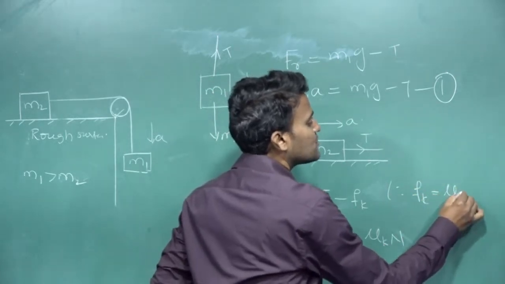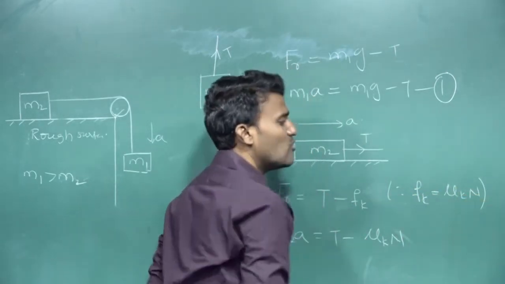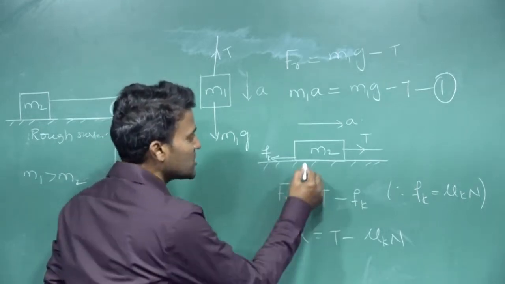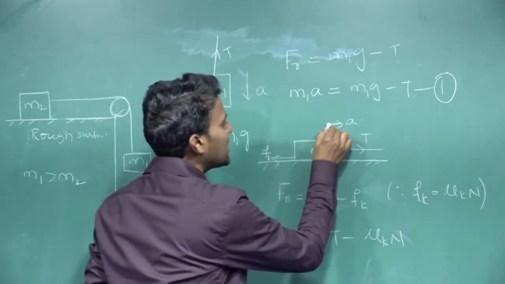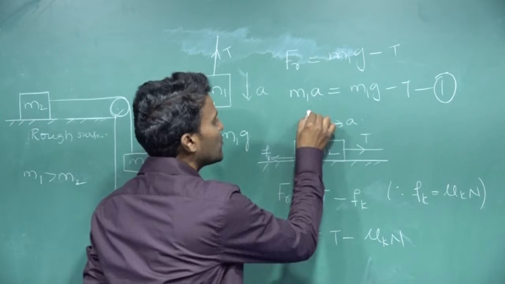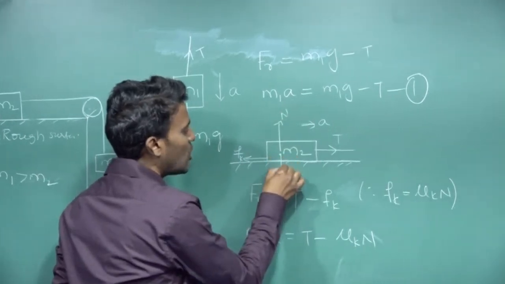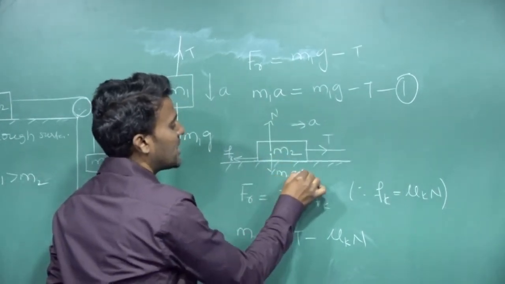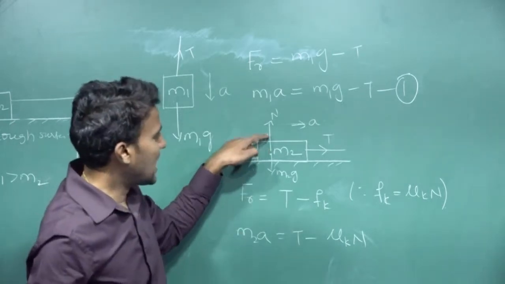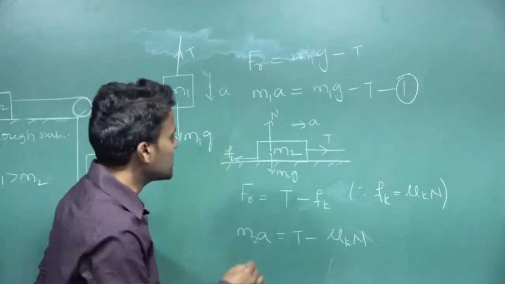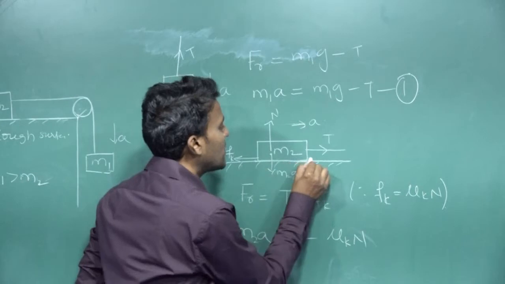Fk is equal to mu k into N. What is the N value? See here, normal force is acting upward. The weight of the object is acting downward. Normal force is always perpendicular to the plane of contact.